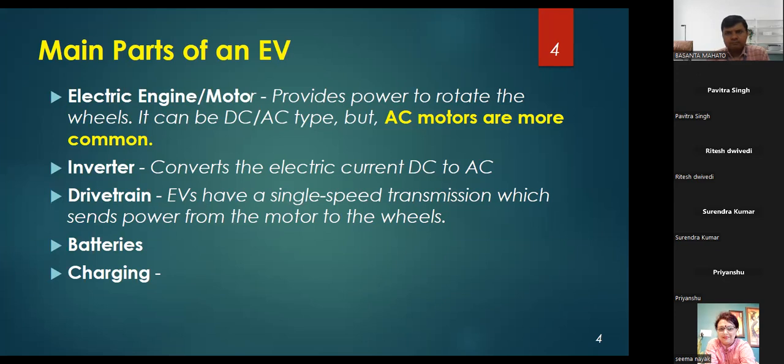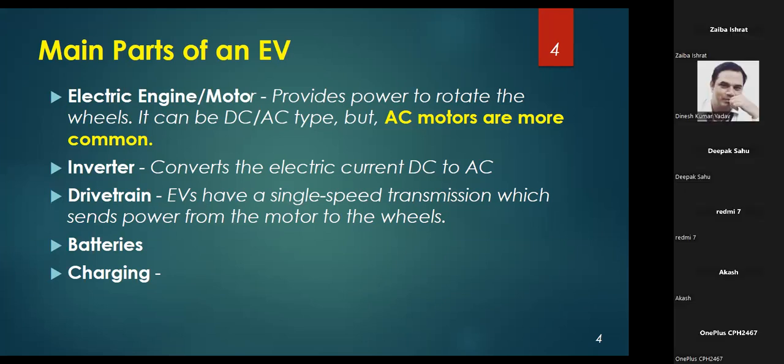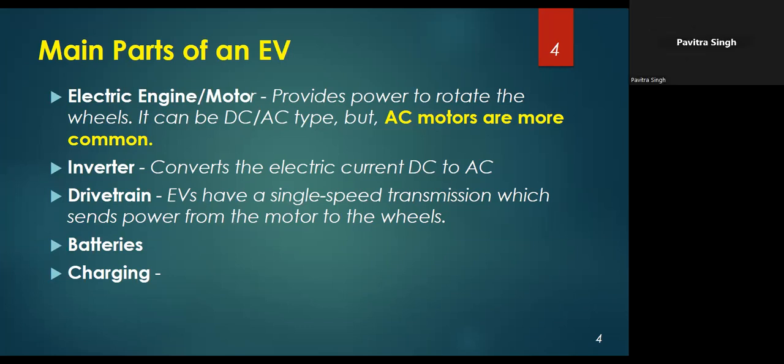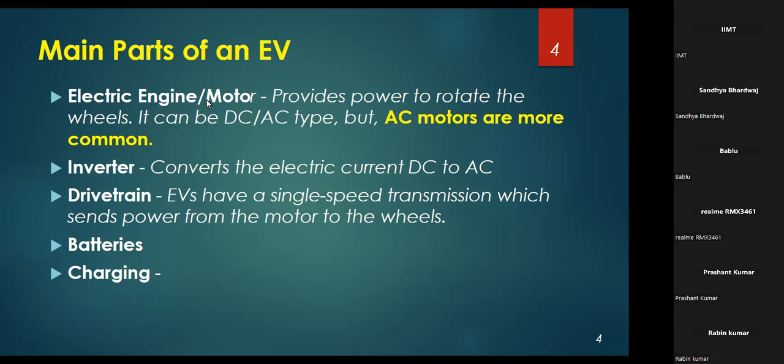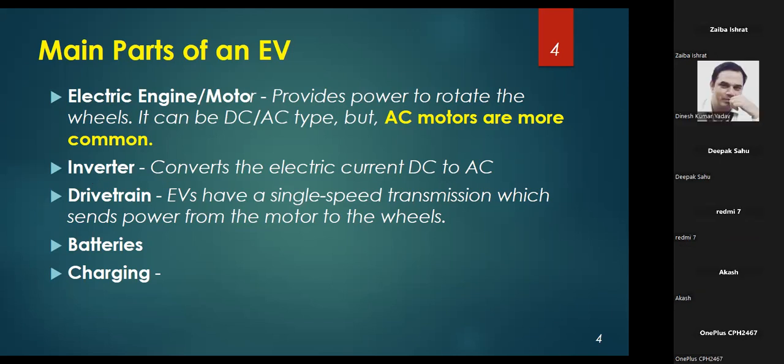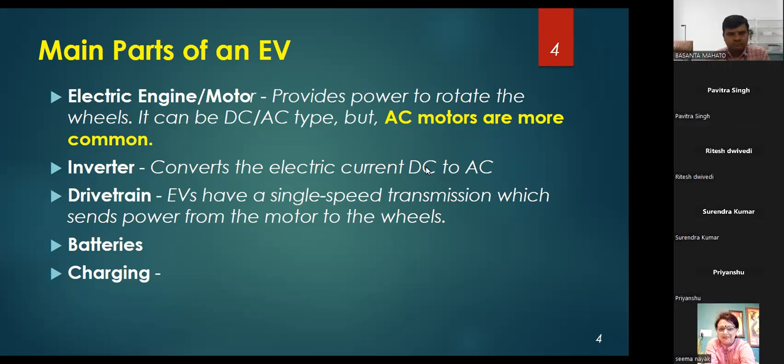This electric motor provides the rotations, or RPM, rounds per minute. This is the main part to transfer the rotation to the vehicle shaft. Another part is the inverter, which converts direct current into alternating current.